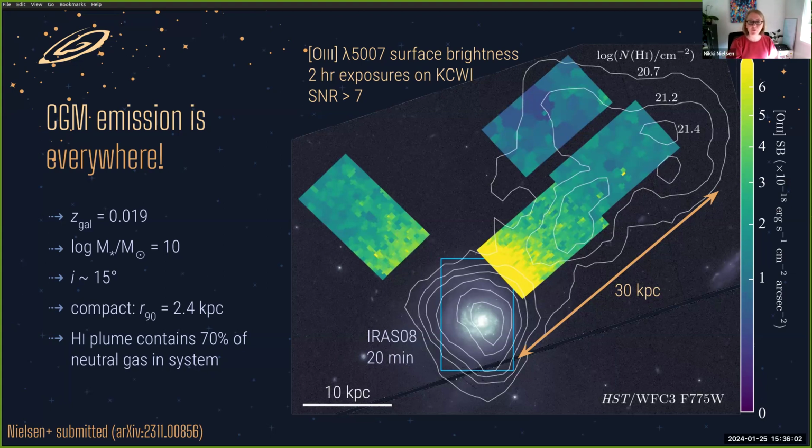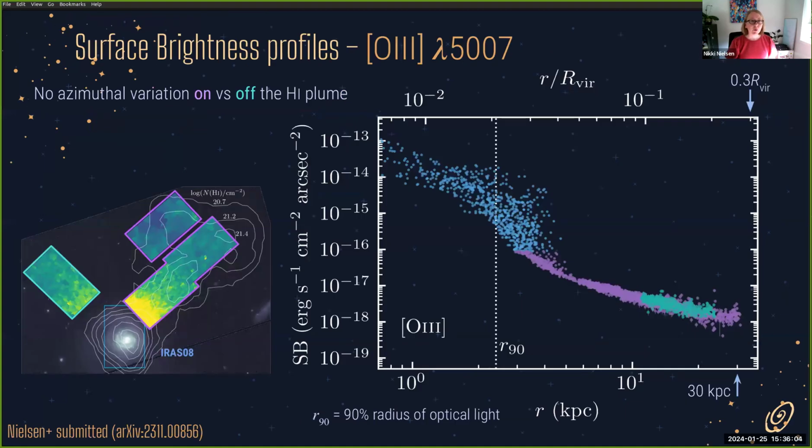But that's coming soon. When we talk about the CGM, we typically talk about how the absorption strength changes with distance from the galaxy. We, of course, see that plot every time we're at a CGM conference. So we can do something similar with the surface brightness of [O III] 5007. Here is surface brightness as a function of distance from the galaxy.